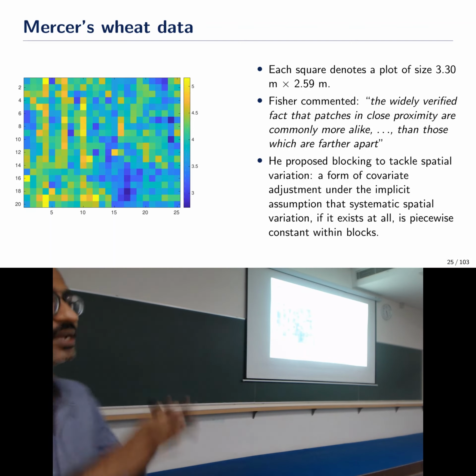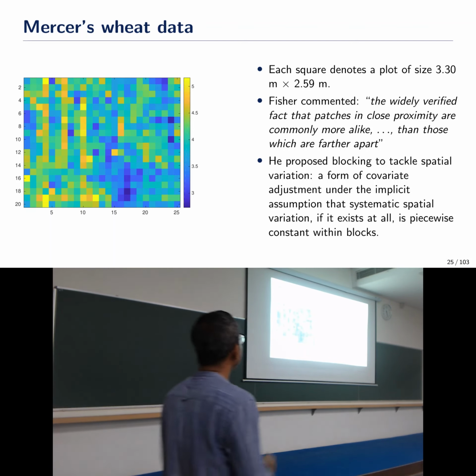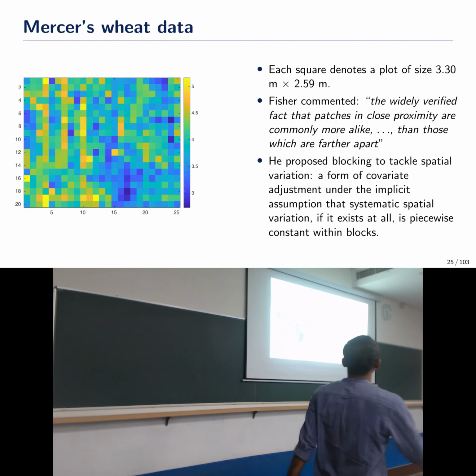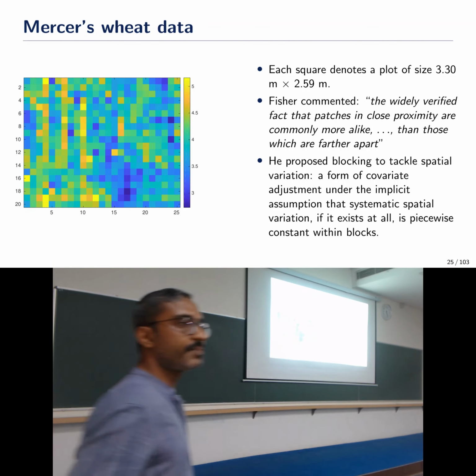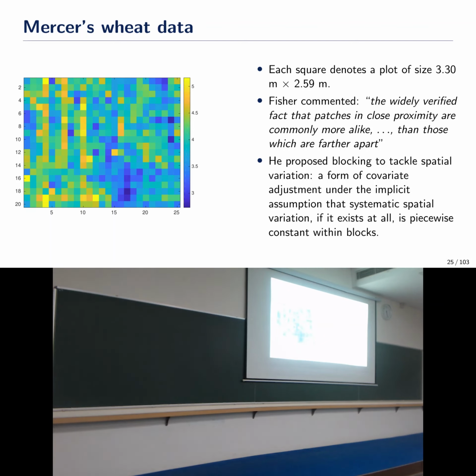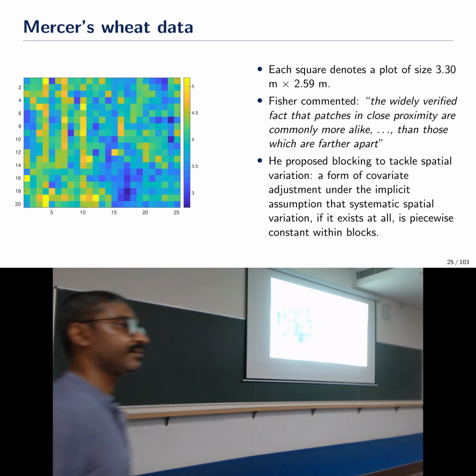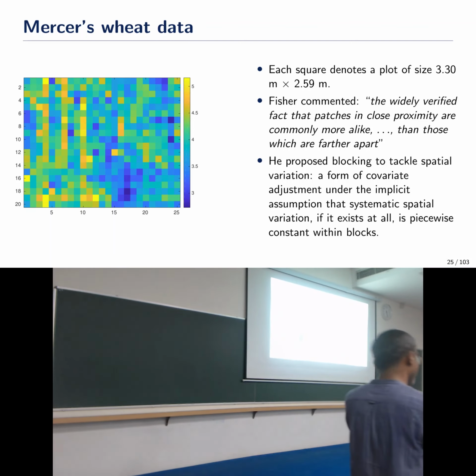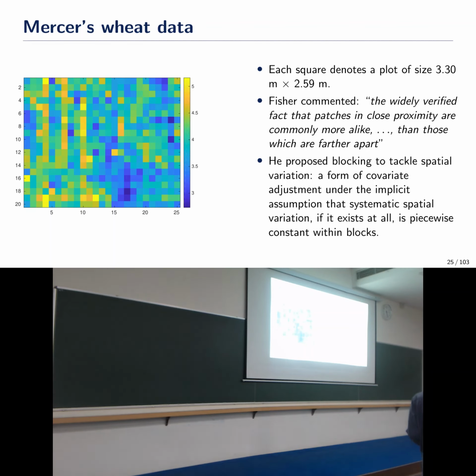So it's a field partitioned into several blocks, with the corresponding yields recorded. Fisher encountered this kind of data set, and he commented that patches which are close have yields more alike than patches which are apart.